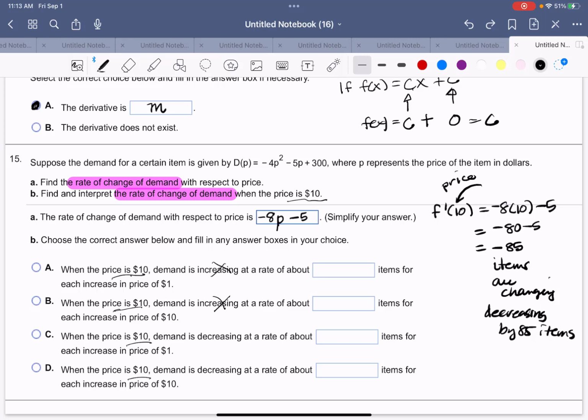So it's decreasing, but is it at an increase in price of $1 or an increase in price of $10? Well, this is not an increase in the price of $10. This is a price of $10. So the interpretation is when the price is $10, the demand is decreasing at about a rate of 85 items. Now we don't need to put the minus because decreasing takes care of the minus. So it's going down by 85 for each increase in price of $1. Why is that? Because it's minus 85 over 1.